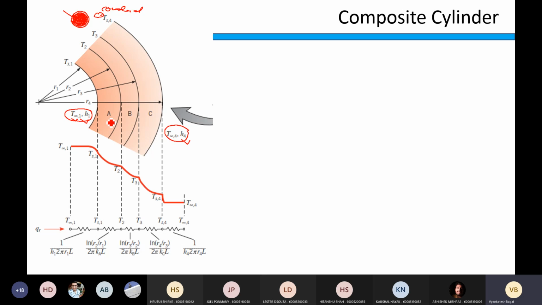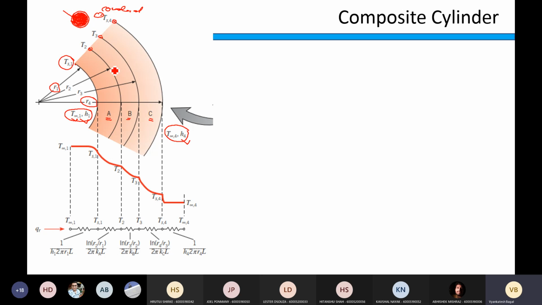There are 3 regions of this composite cylinder, region A, B and C. The corresponding radii and surface temperatures are shown here. The surface temperature of the inner wall, the surface temperature of the outer wall, and T2 and T3 are the interface temperatures, correct? R1 is the innermost radius, R4 is the outermost radius, and R2 and R3 are the in-between radii.